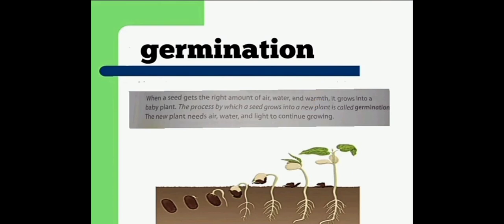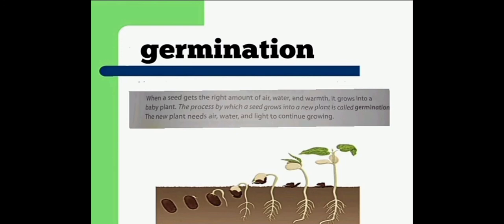So, how does a new plant grow? The process is called germination. When a seed gets the right amount of air, water and warmth, it grows into a baby plant. The process by which a seed grows into a new plant is called germination.